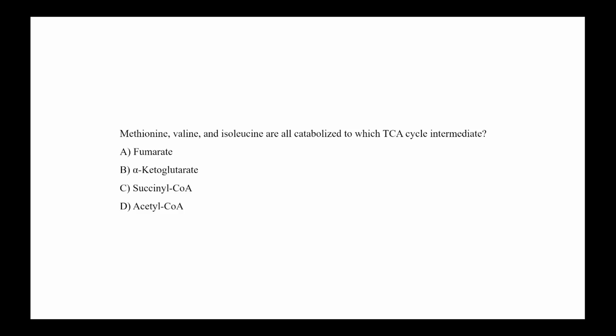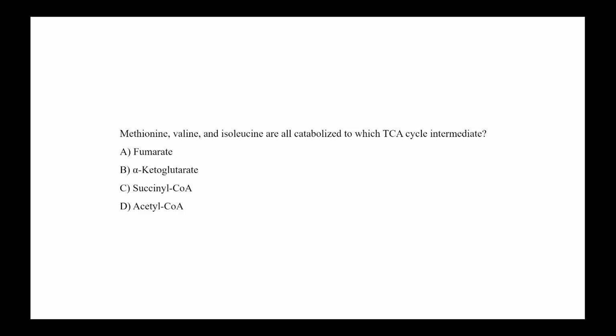Moving on to the next question then. Methionine, valine, and isoleucine are all catabolized to which TCA cycle intermediate? Option A, fumarate.